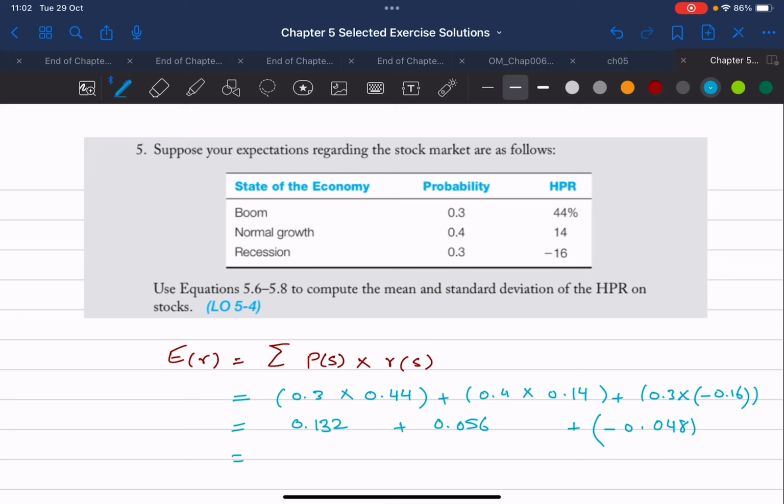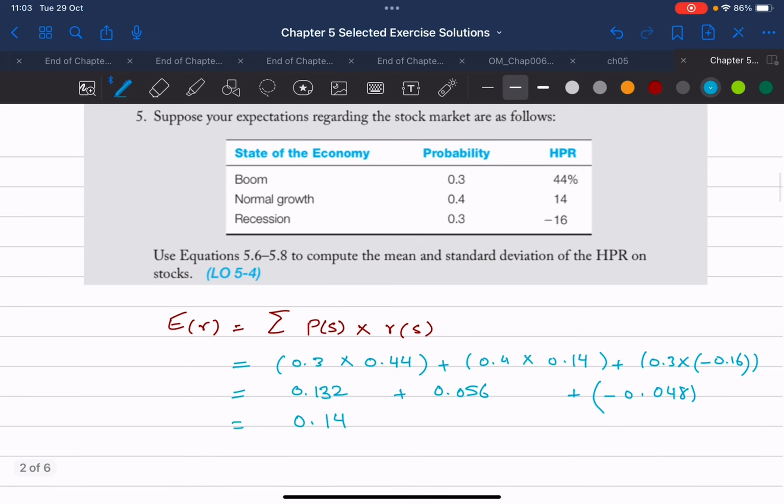And that's going to give us 0.14, which is 14%. So that is the first part of the question completed, which is to find out the mean. We move on to the second requirement, which is to find the standard deviation.